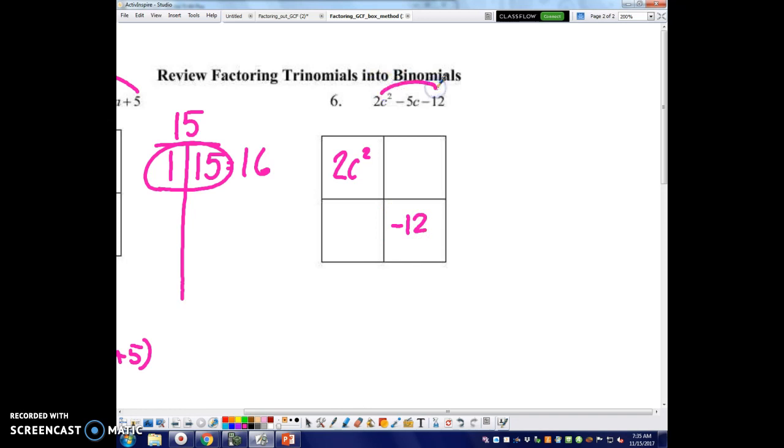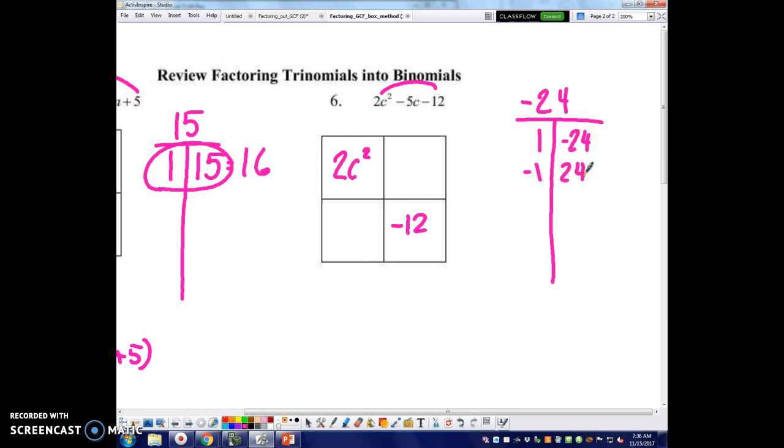So 2 times negative 12 is what? Negative 24. Now, this is important. When you have a negative, you've got to do it this way. Give me the factors of 24. 1 and negative 24, right? And then you have to do negative 1 and positive 24 because they're going to add up to something different.